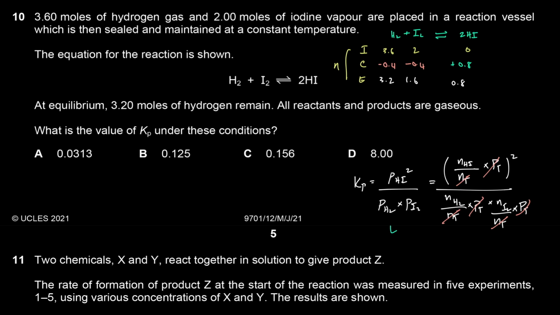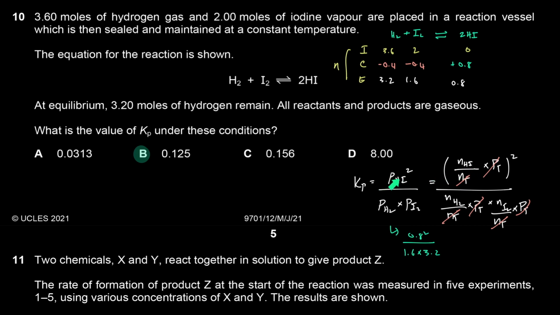So then we can say that this will simply be 0.8 squared divided by 1.6 times 3.2. And what does that value come out to? The value comes out to 0.125. So that is our Kp. I'll repeat this.